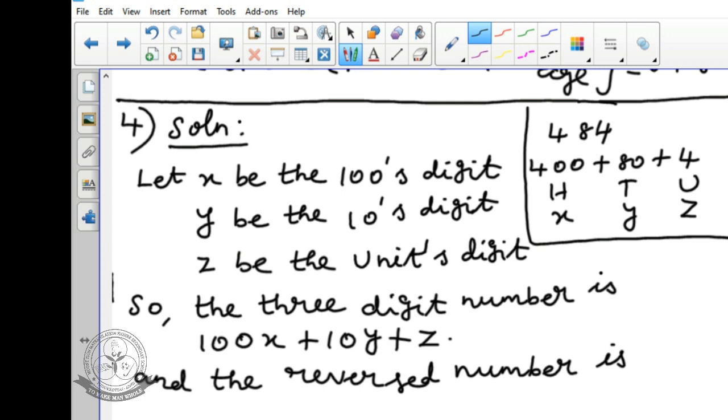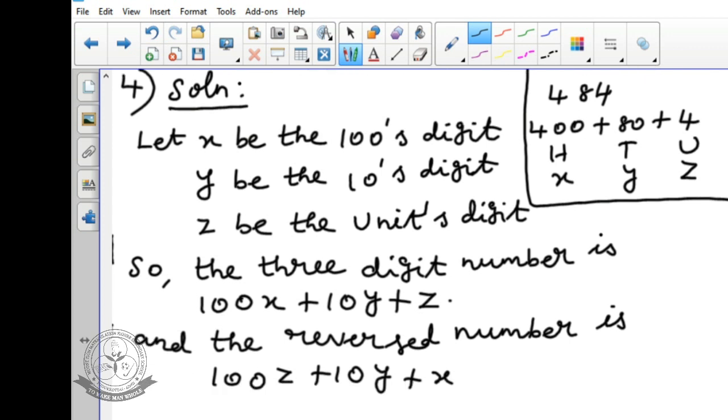So z will come here and x will go there. So we get 100z plus 10y plus x. This is our 3-digit number 100x plus 10y plus z. When we reverse the digits, we get another 3-digit number, 100z plus 10y plus x.